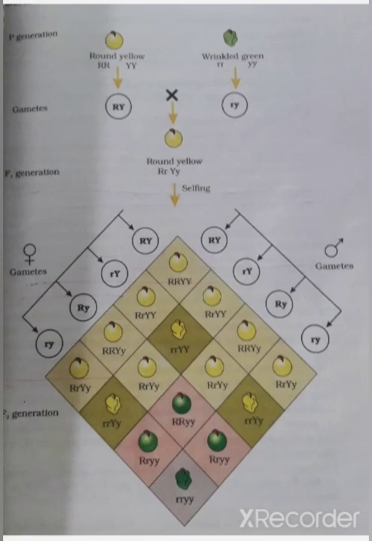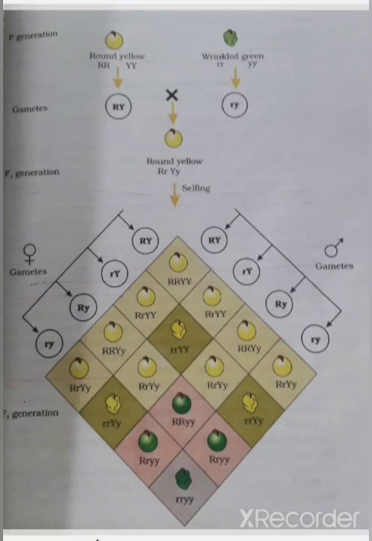Then in the second step, he crossed these parents. He got F1 generation, that is the round yellow. In the third step, self-pollinating the F1 parents and crossing these F1 parents, he got the F2 generation.